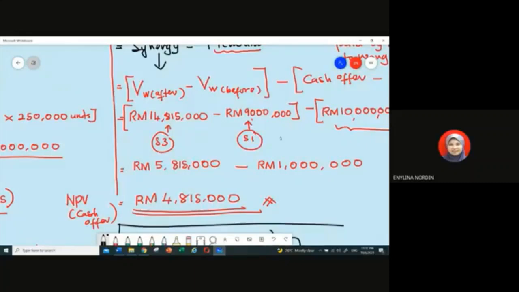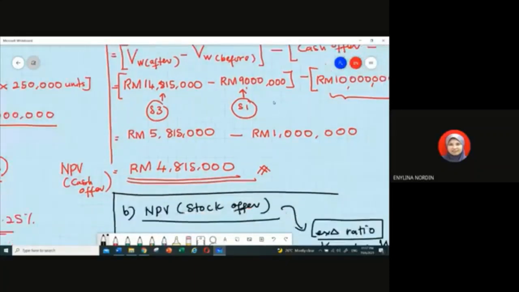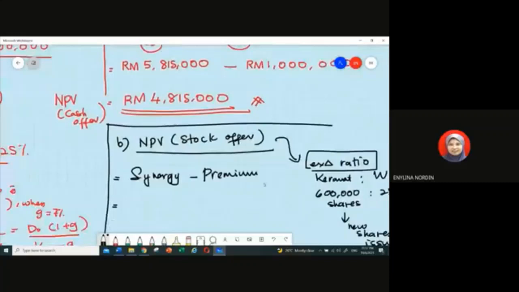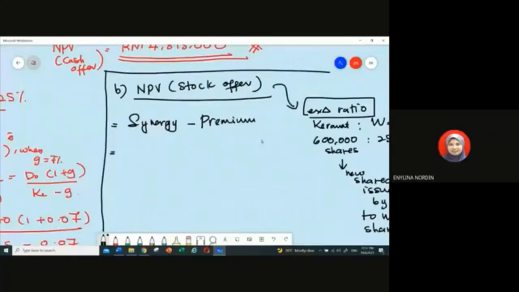This difference gives you a synergy of 5,815,000 ringgit. Next, minus the premium.